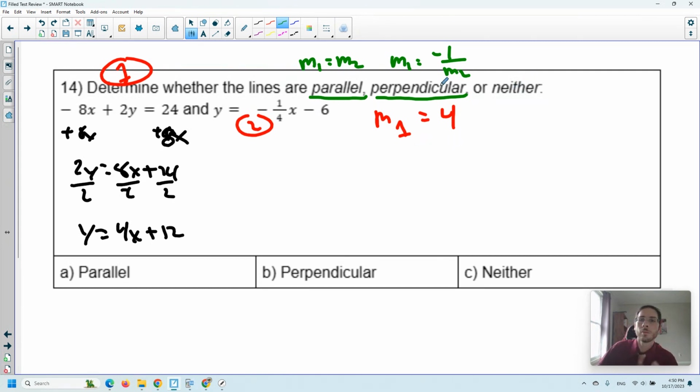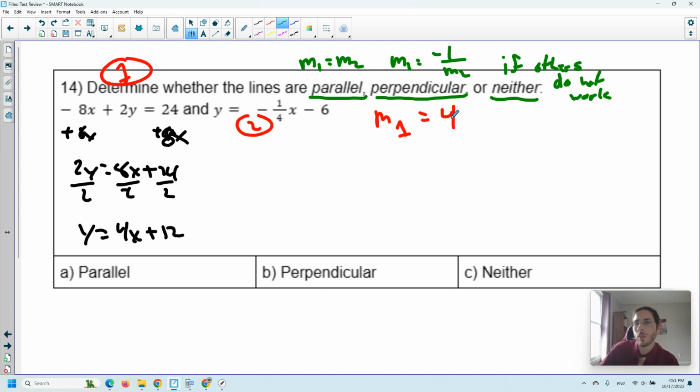If it's neither, that means if the others don't work. So you kind of want to go down the line this way to check. So first you check if they're parallel. If they are, pick parallel. Then you try perpendicular because that's a little bit more work. If they're perpendicular, pick perpendicular. If neither of them work, then you just pick neither.